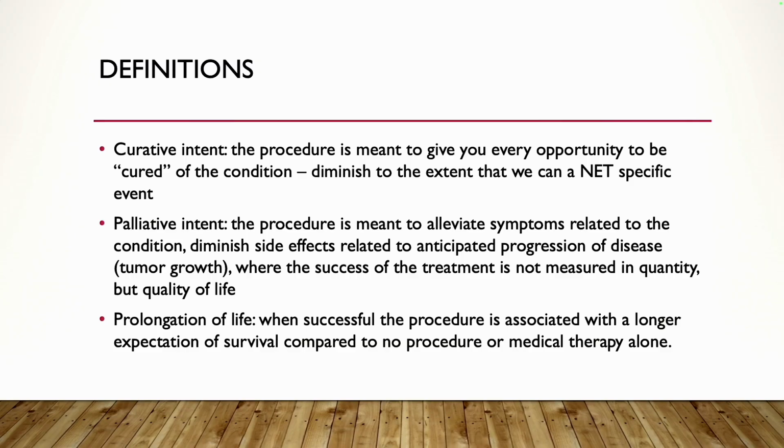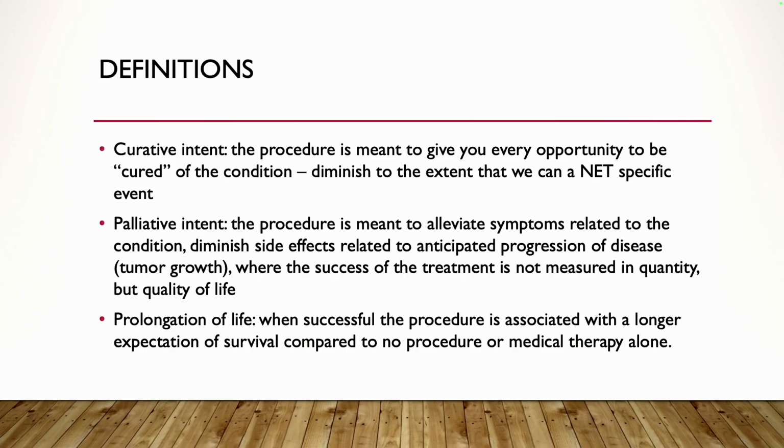So you may not have the symptoms now, but we're concerned that growth in that area will give you significant symptoms that are going to be difficult to treat. And then the success of the treatment is not necessarily measured in quantity, but in quality of life, or our success at alleviating that symptom.